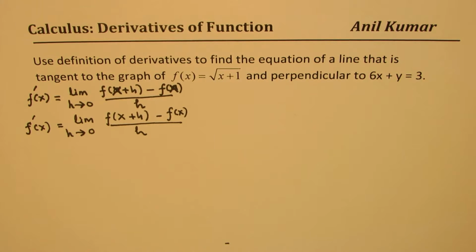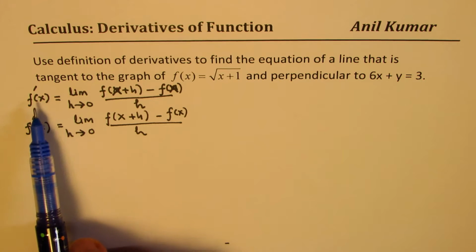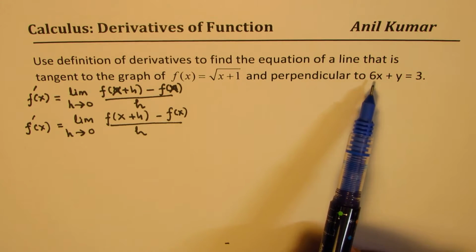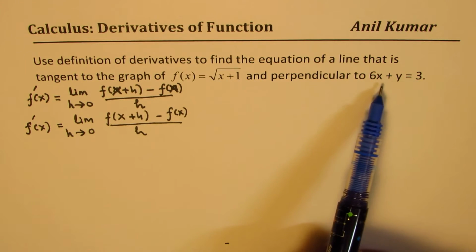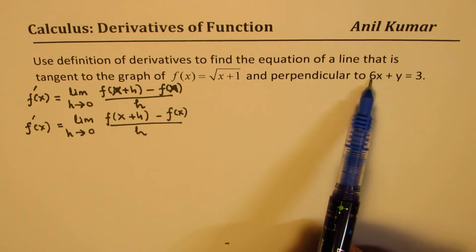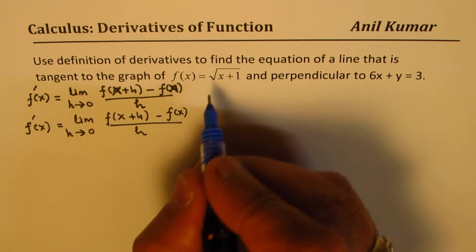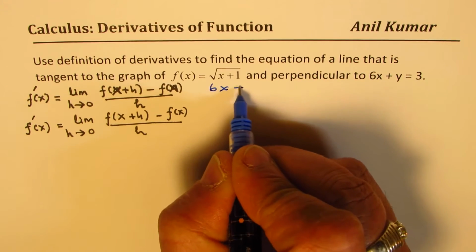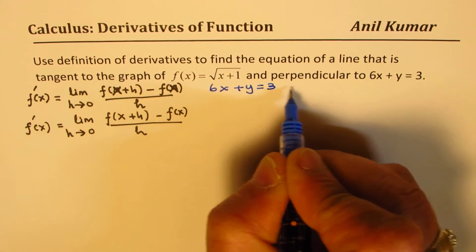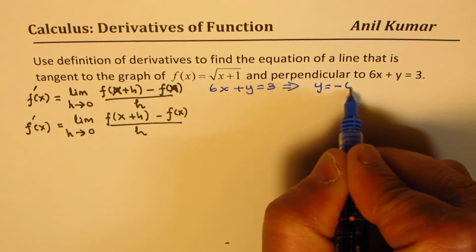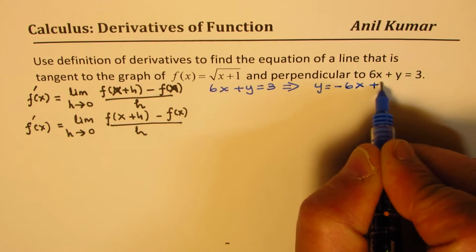Now what are we looking for? We are looking for this derivative, the slope of the tangent line, to be perpendicular to this line. The line given to us is 6x plus y equals 3. So 6x plus y equals 3 can be written as y equals minus 6x plus 3.